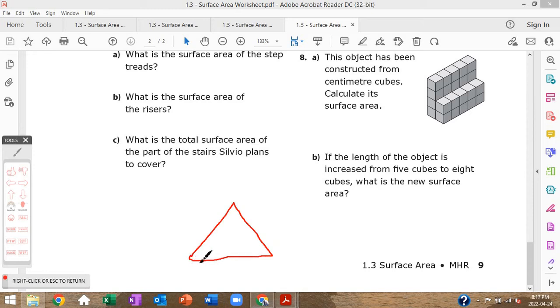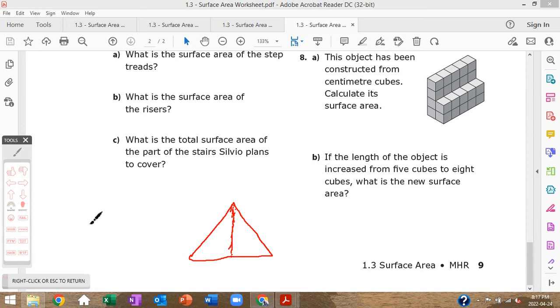Now we know the height of the pyramid, but we don't know currently this distance, the height of the triangle. This is like the slant height of the pyramid, if you will. So you're going to have to do a little bit of work to figure that out.